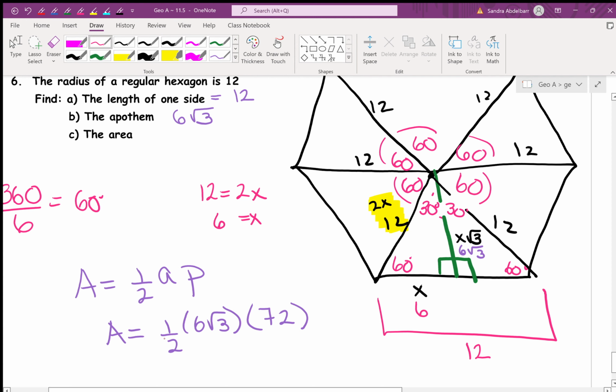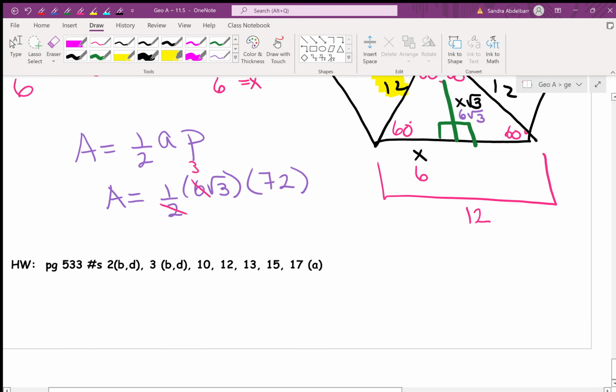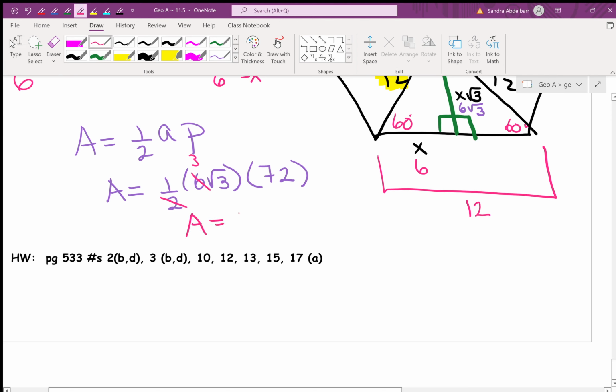I'd probably do half of 6. So now we have 3 root 3 times 72. Yep, you're good. Area is equal to 216 root 3 units squared.